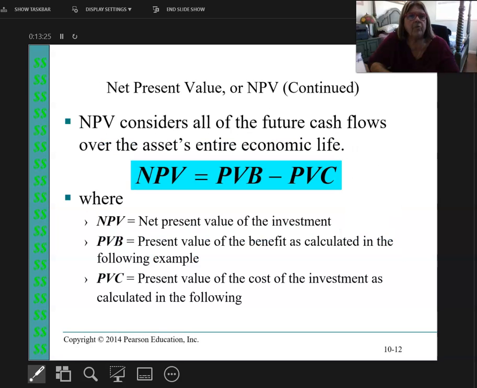Hold on, guys. I got a few more slides. Okay. This is going to be a little bit longer video. So I consider the net present value. So what is my investment that I'm going to get in the future? What is it worth today? Equals my present value of the benefit as calculated in the following example minus the present value of the cost of investment.